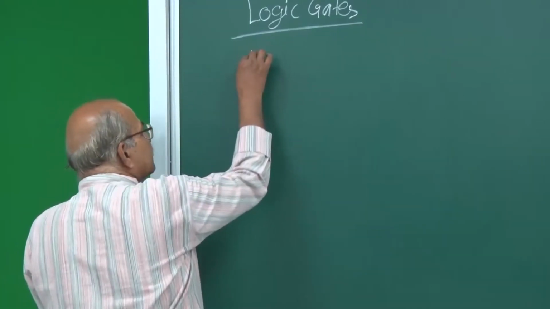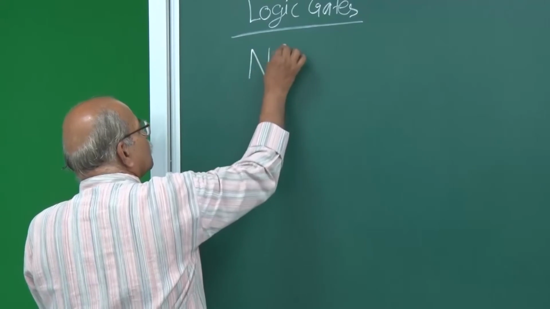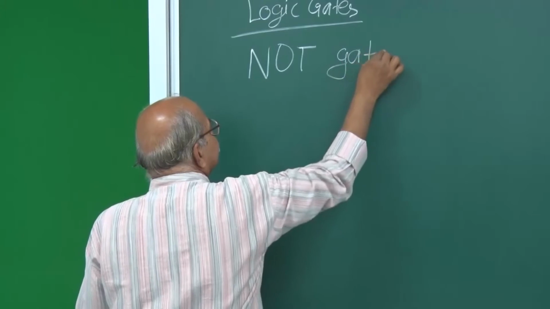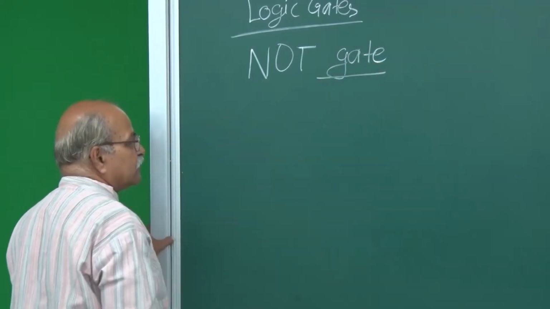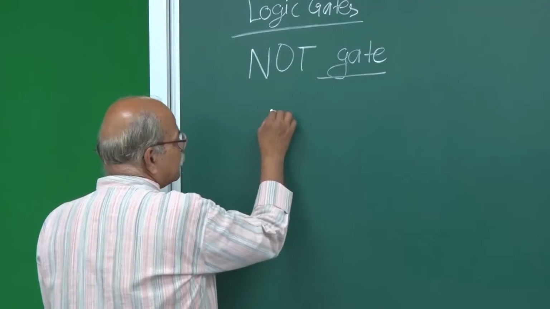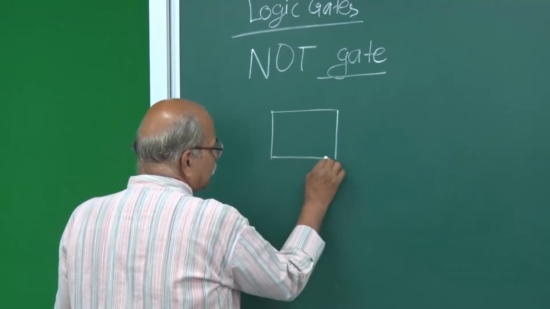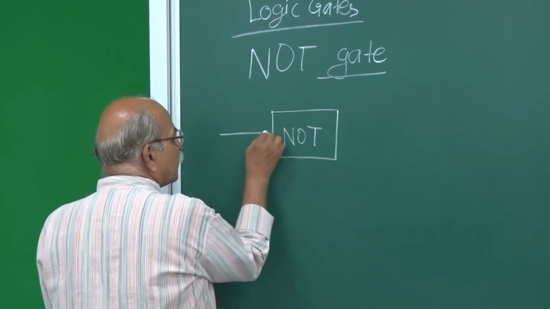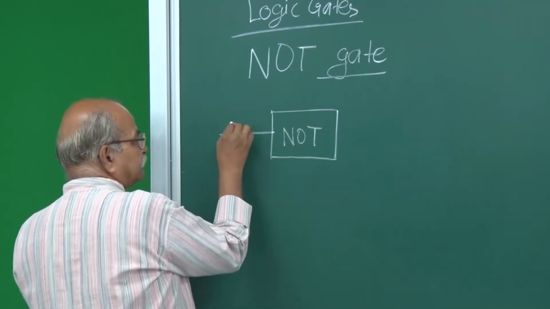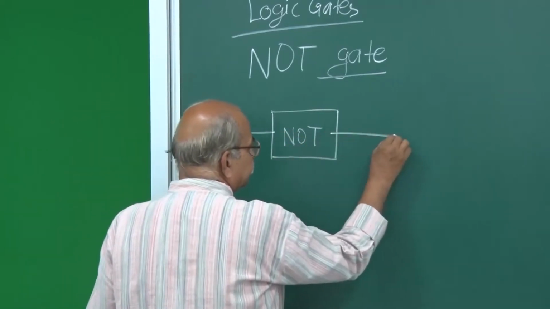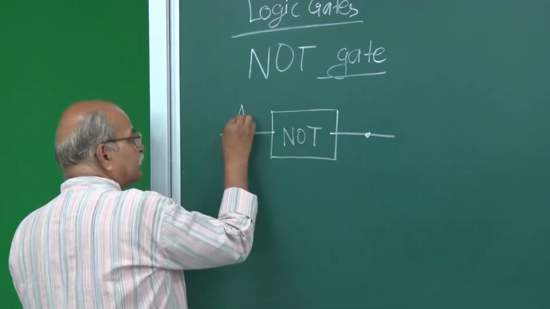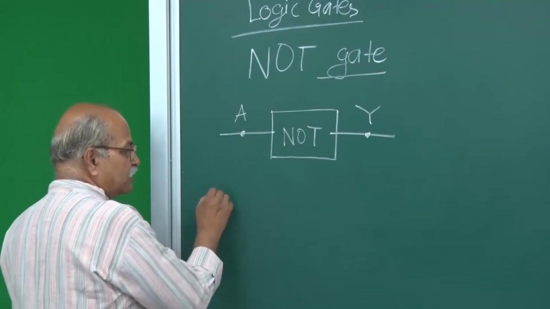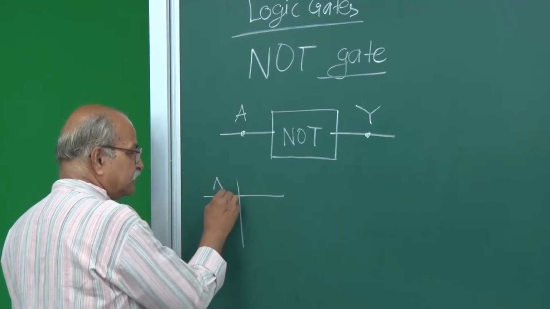Some of them are very basic, which I will describe. The first one is the NOT gate. It's very simple. It takes just one input, A, and gives one output, Y. The truth table is very simple.